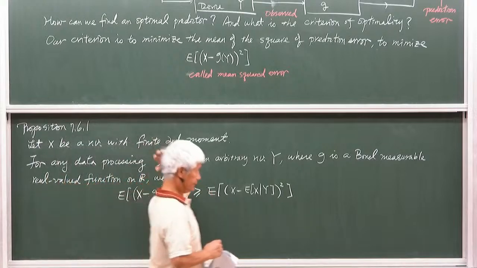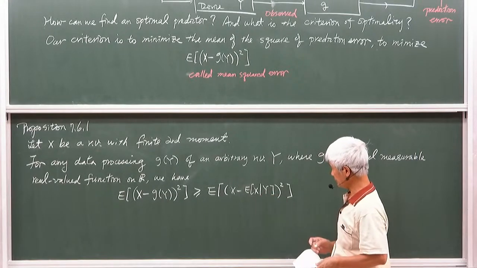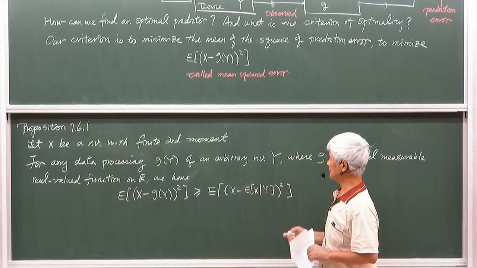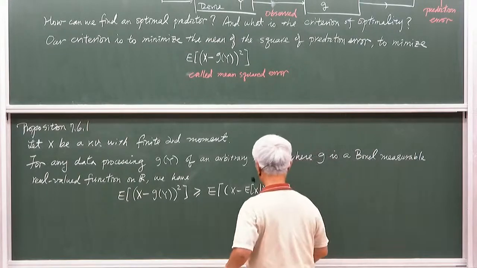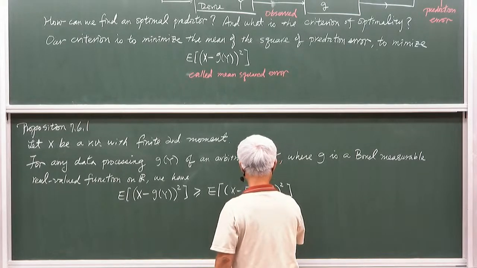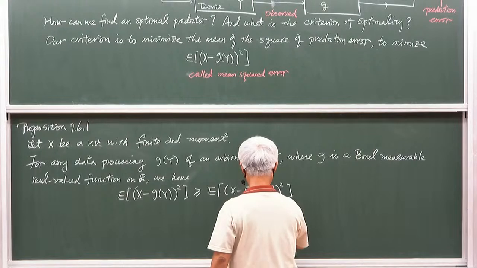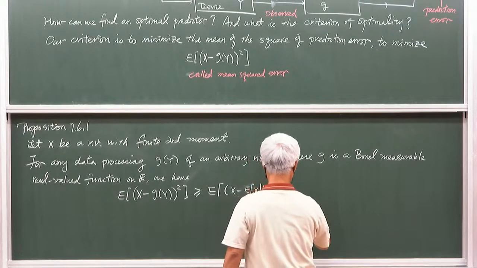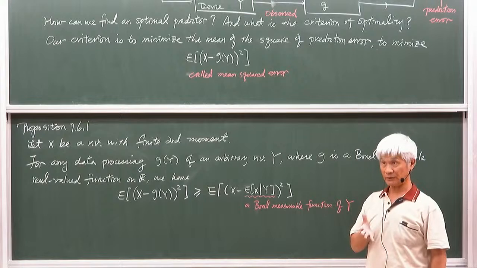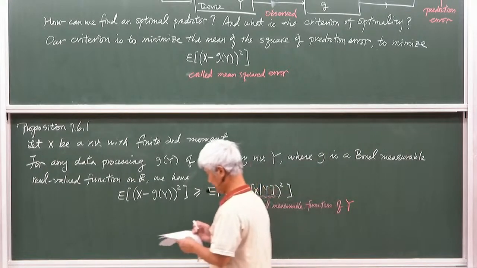The lower bound is attained if the data processing function is taken as a version of the conditional expectation of X given Y, because we know this is a function of Y.